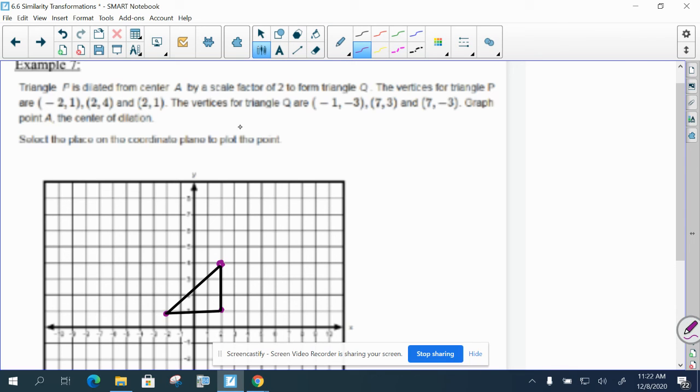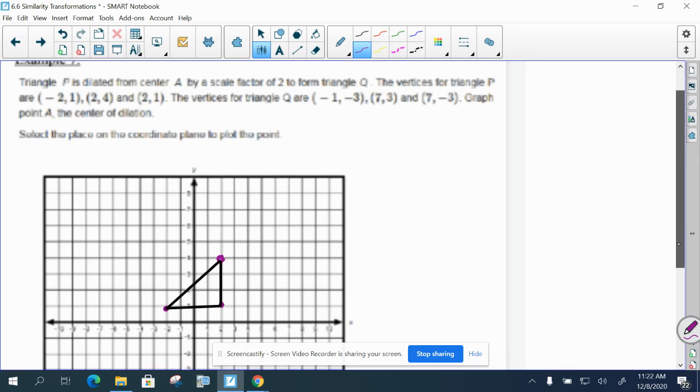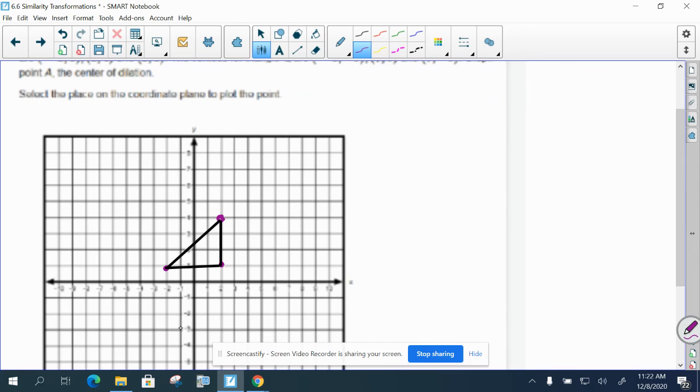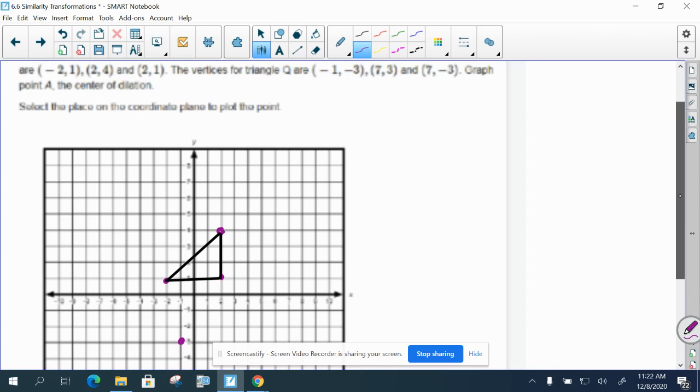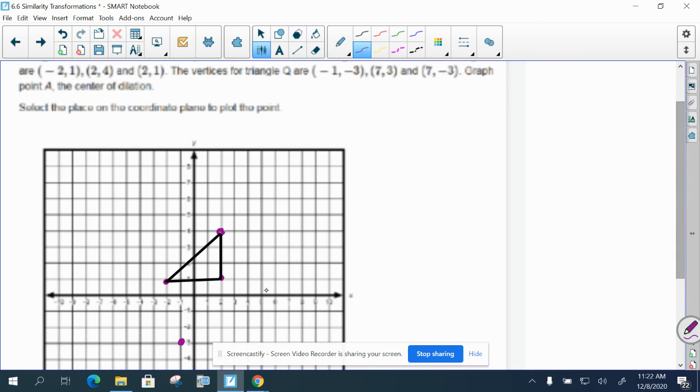And then let's do this one. So (-1, -3), (7, 3), and then (7, -3).